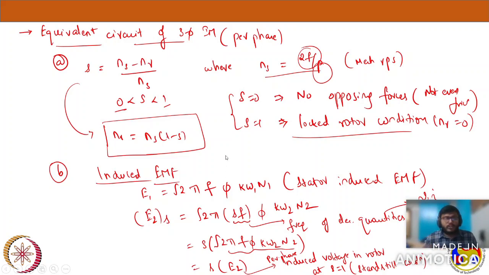Now if you see this induced EMF formula, E2 is the rotor induced EMF and E2S means the rotor induced EMF at any value of slip S. I have written the formula and taken S outside, and the rest of the formula that is left is the per phase induced voltage in the rotor at S equals 1, which is the standstill condition.